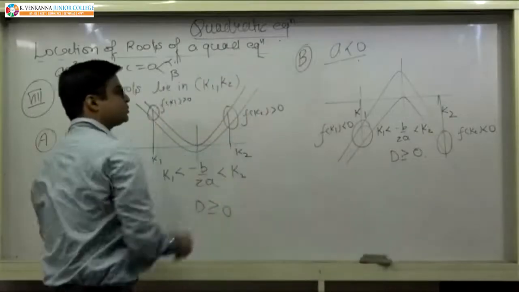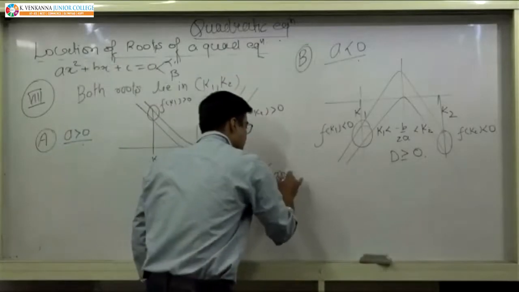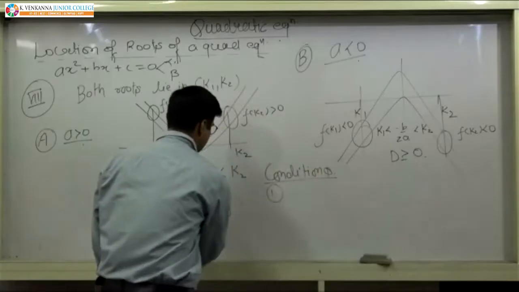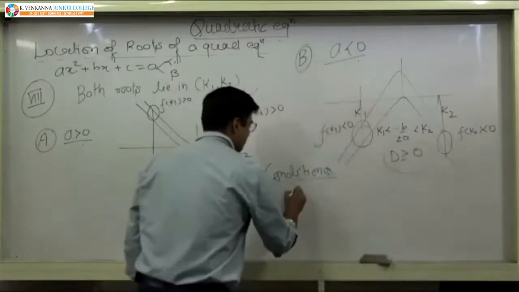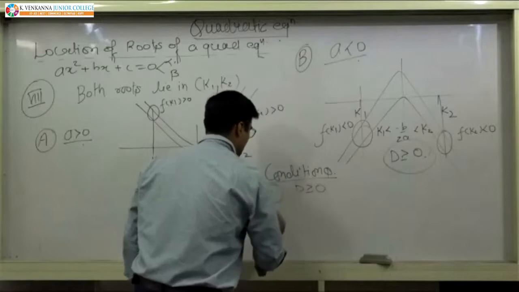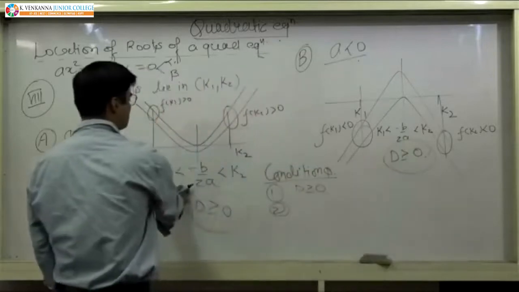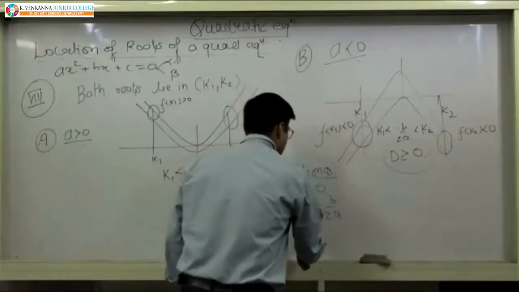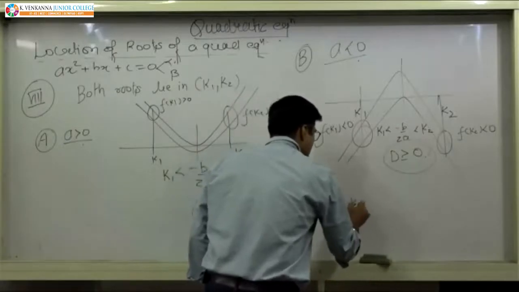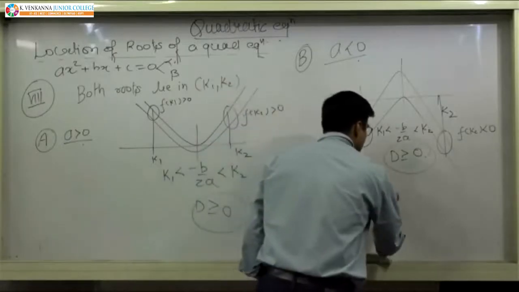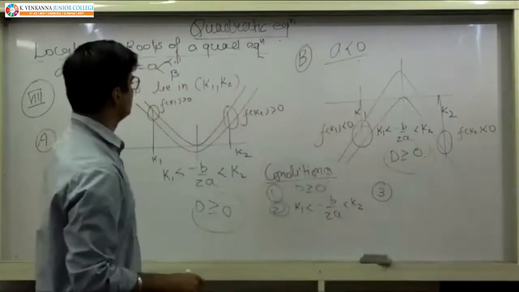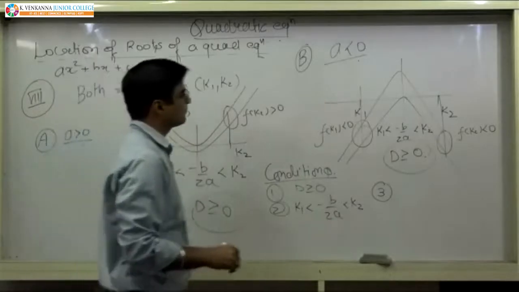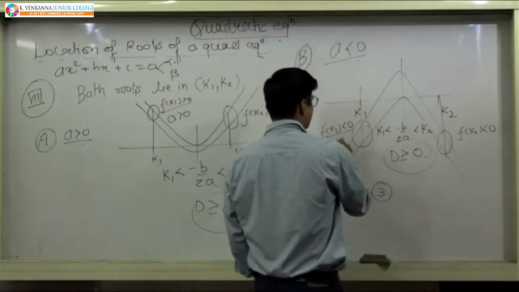So let's combine these two conditions. First, discriminant greater than equal to 0, common for all. Second, minus b by 2a lying in the interval K1, K2. So minus b by 2a is greater than K1 and lesser than K2. And the third condition, see, f of K1 is positive when a is positive. F of K1 is negative when a is negative.